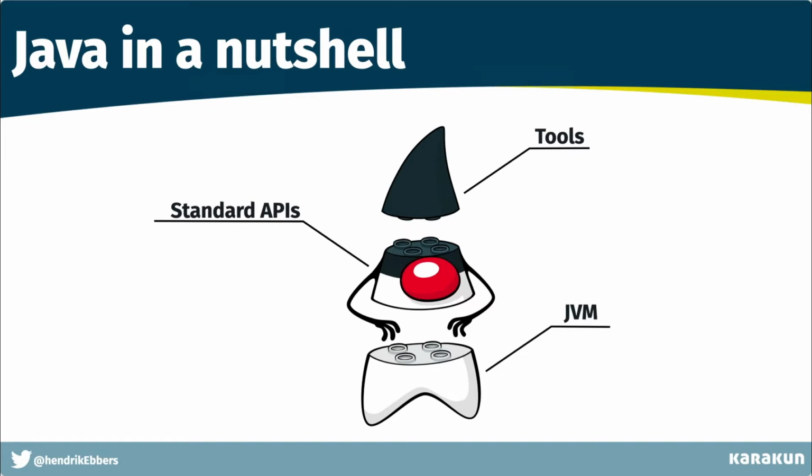Then we have the standard APIs, and this is all the Java classes that all of us use every day, like String, LocalDateTime, Thread, ExecutorService, Exception, RuntimeException, all the classes, interfaces, annotations that are part of the core Java libraries. Those are called the standard API.